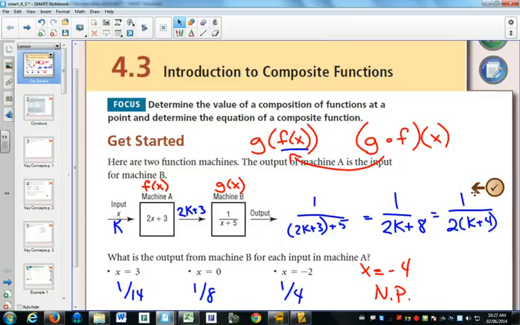What would happen if, instead of plugging in a k, I plugged in x? If I plug in x, out would come 2x plus 3 instead of 2k plus 3.